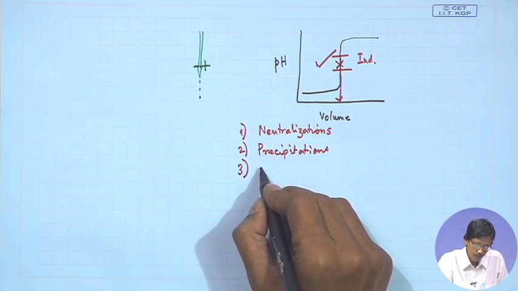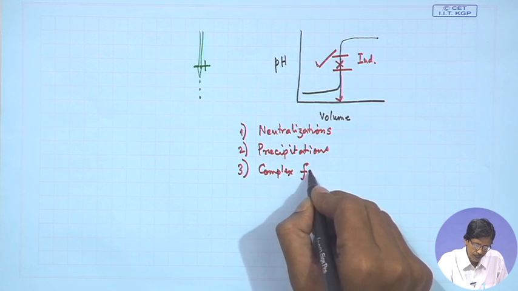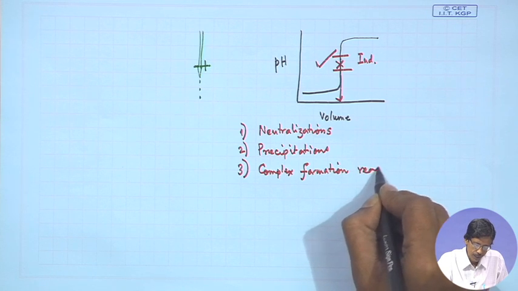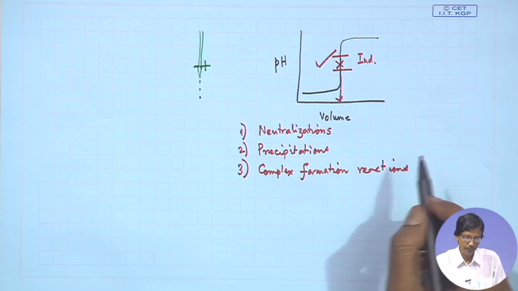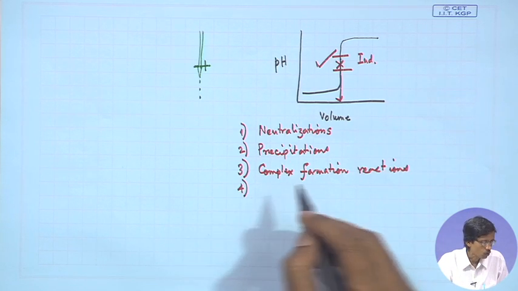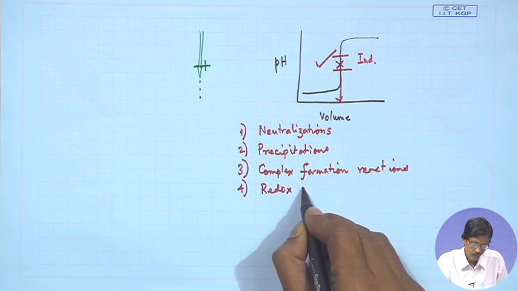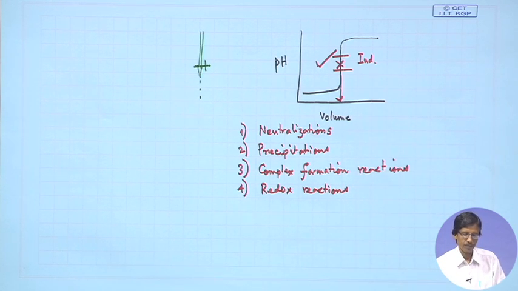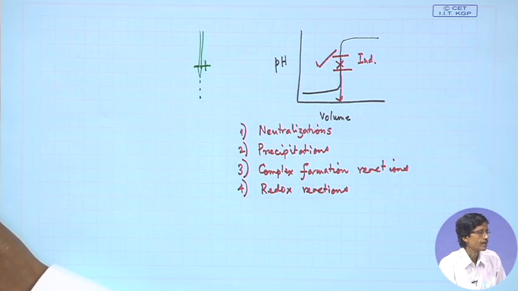We can also have the complex formation reaction, where EDTA is used for titration of calcium ion or magnesium ion, and also the corresponding redox titrations, the redox reactions. So, we can handle all of them, and in all these cases your plot will be similar. This staircase type of plot we get.